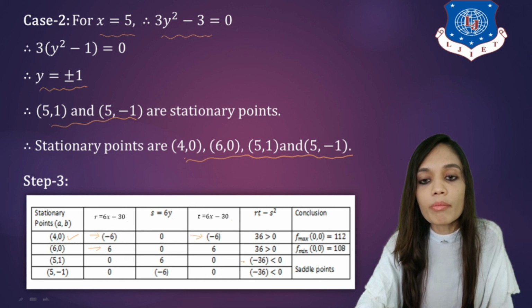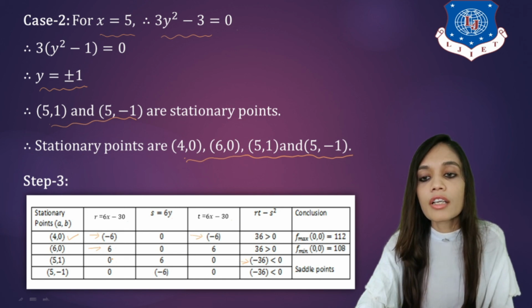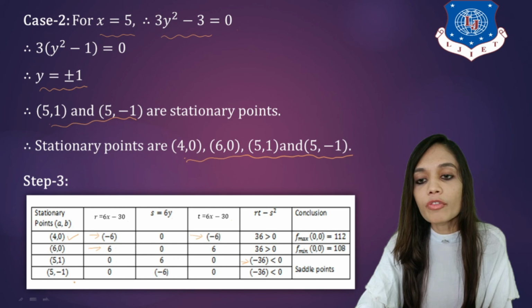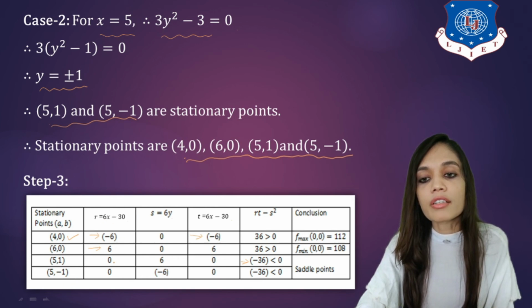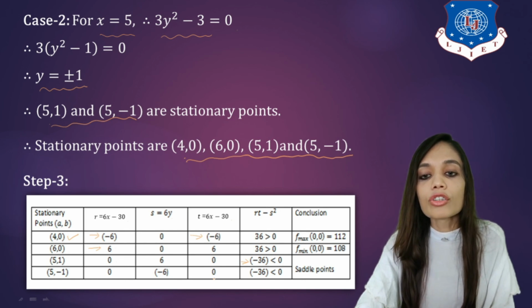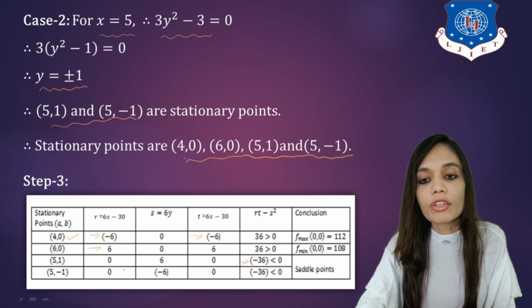So answer will be minus 36. Lastly, put the point (5, -1). So on putting 5, you will get 30 minus 30. So it will be equal to 0. And if you put minus 1 in place of y, so you will get minus 6. And in last, you will get answer as 0. So rt minus s square will be equal to 0 minus 6 whole square. Again you will get minus 36.